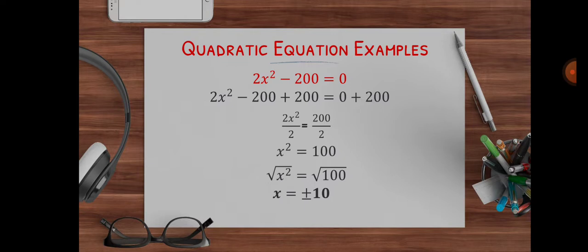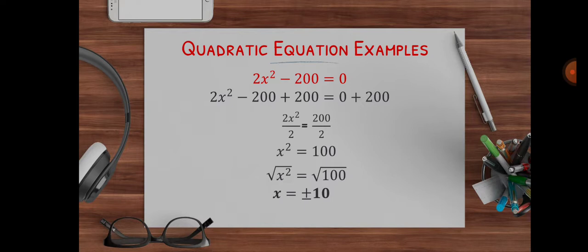So here is the result: 2x squared equals 200. We get rid of the negative 200, so what is left is 2x squared. And 0 plus 200, that is 200.